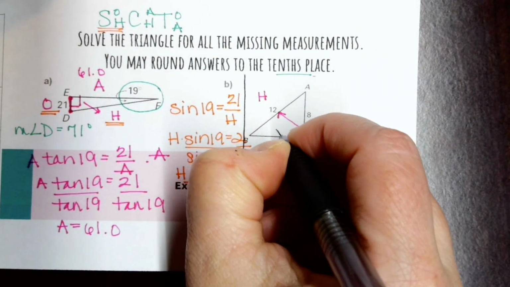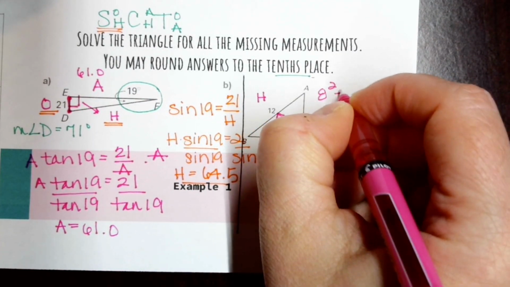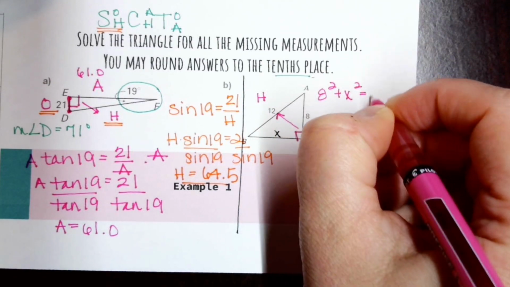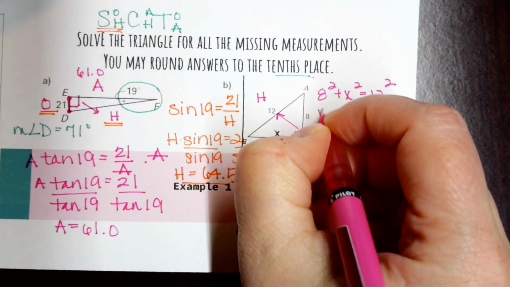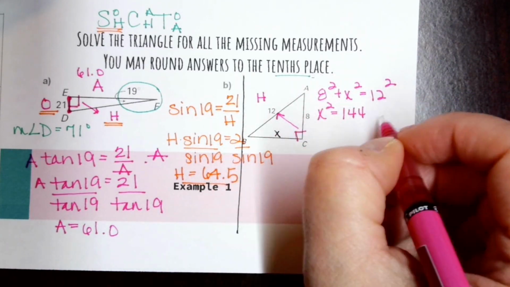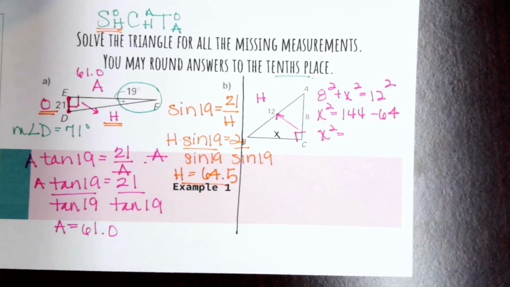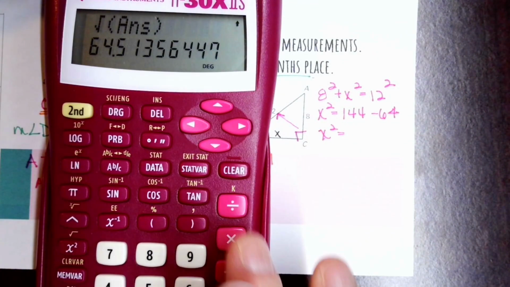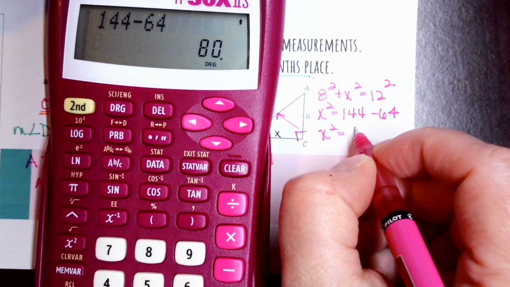So if I call this one an x, 8 squared plus x squared should be equal to 12 squared. Right, so x squared is equal to 144, and we'll subtract that to the other side, so minus 64. Okay, 144 minus 64, it's going to come out to 80.